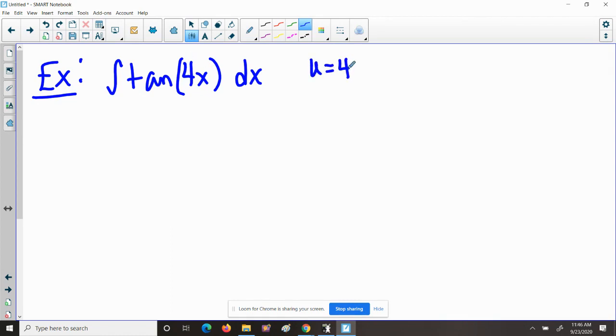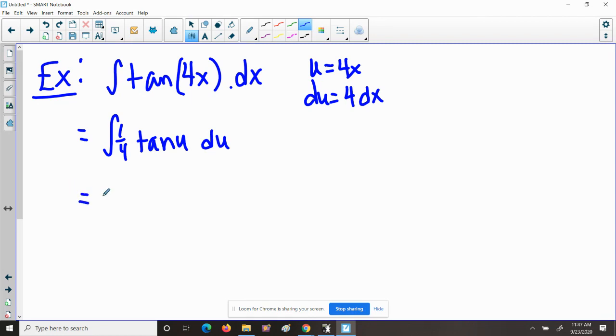So we know our u is going to be 4x, so our du would be 4 dx, the derivative of that. If we rewrote this in terms of u, we have tangent of u, and then we have 1 dx. We only have a dx, so we have 1/4 of the du. I'm going to put the 1/4 out front, because it's just a constant.